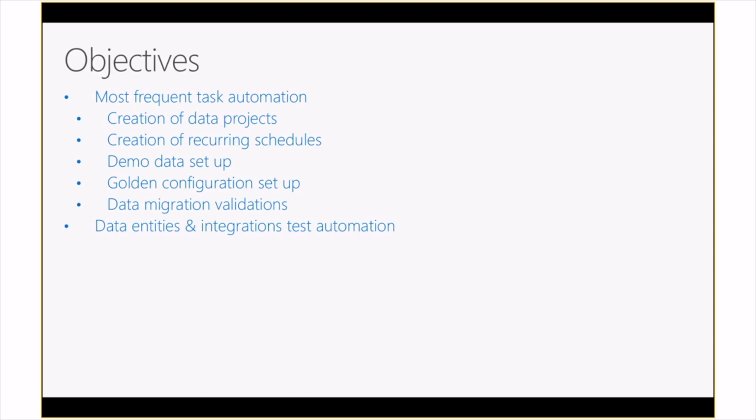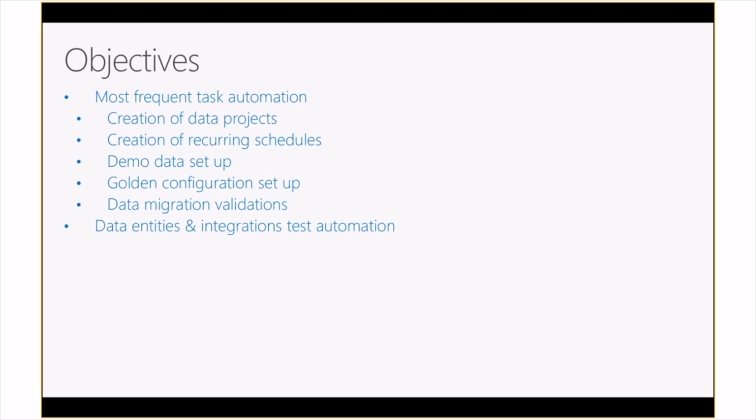The next set of requirements and objectives was around the test automation of data entities itself and integration scenarios. We know the challenges that teams go through because we go through the same pains. And we recognize that even the implementation teams, the partner teams working on extensions and working with data entities, should be going through similar pains when it comes to validation of data entity functionality and validation of integration functionalities.